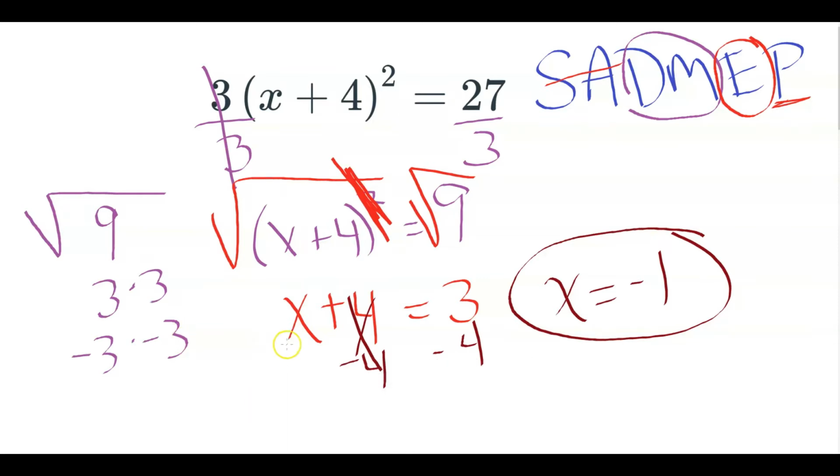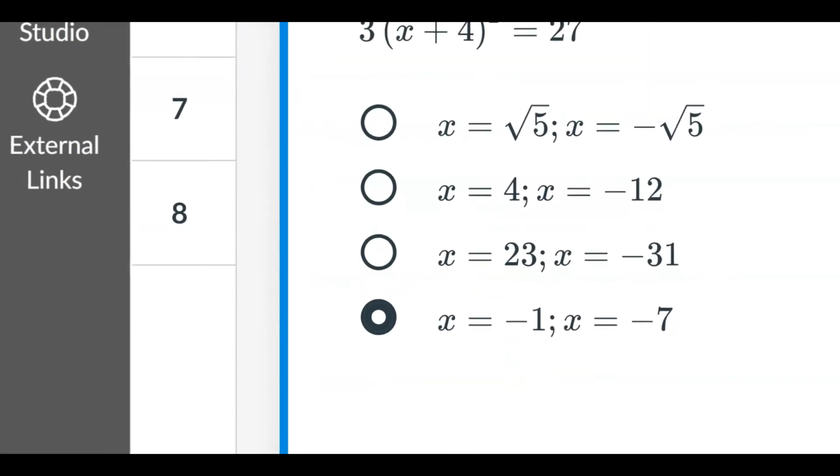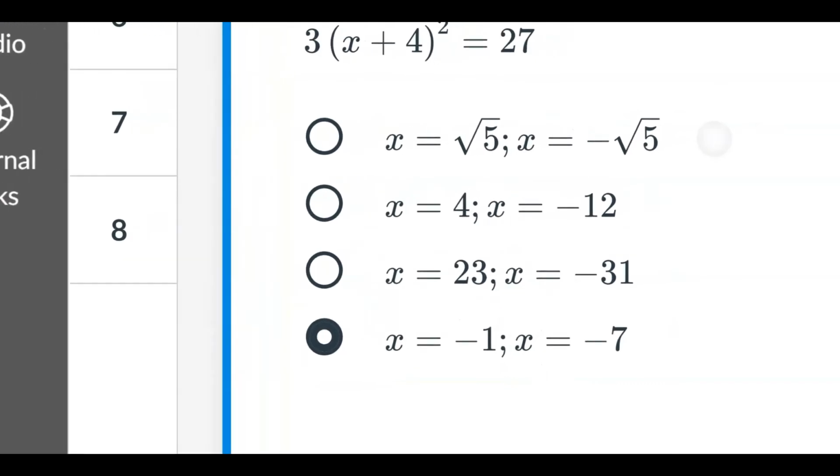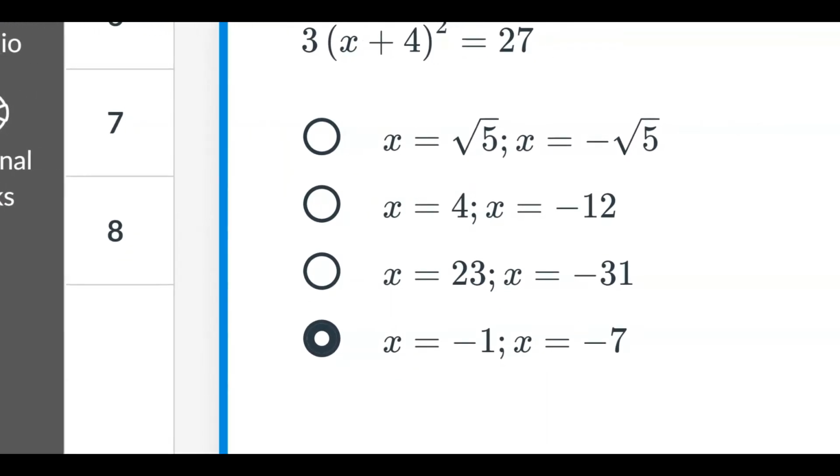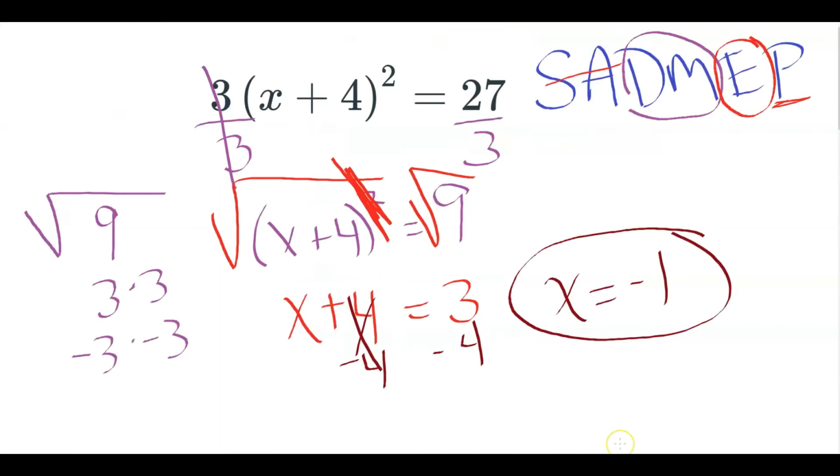Now, if this was a test question or a homework assignment like we have on our homework, you would see that there are 2 possible answers. We got -1 when we solved this, and -1 is an answer choice down here. X equals -1, but they have this other number over here, -7. So what they're telling us is there's 2 answers, and the way they're getting that second answer is they're using the other value for the square root of 9, because we just used 1.